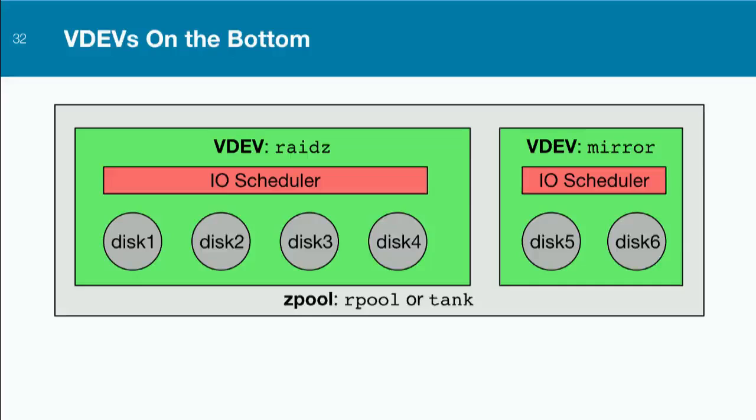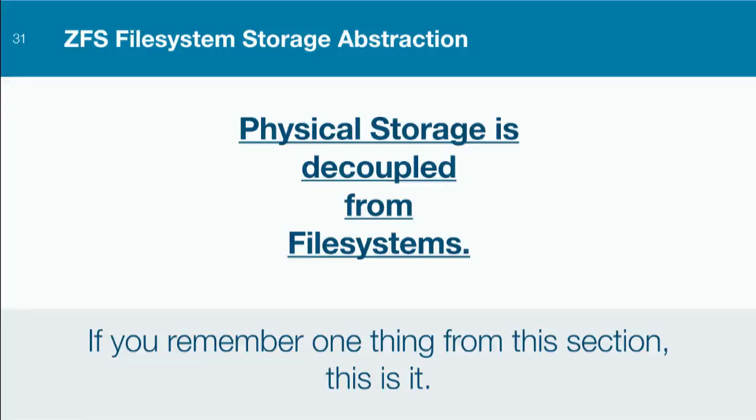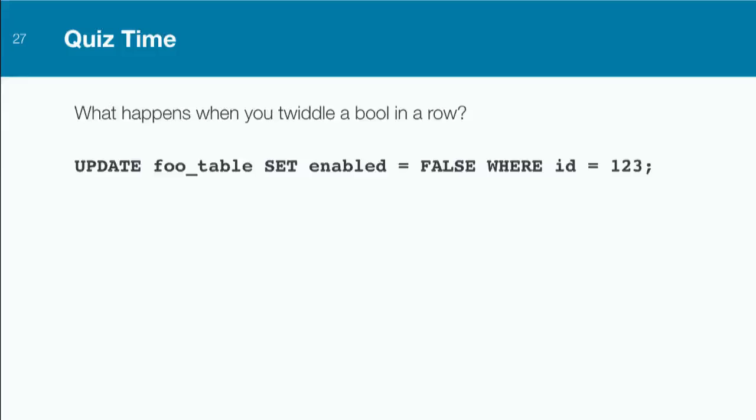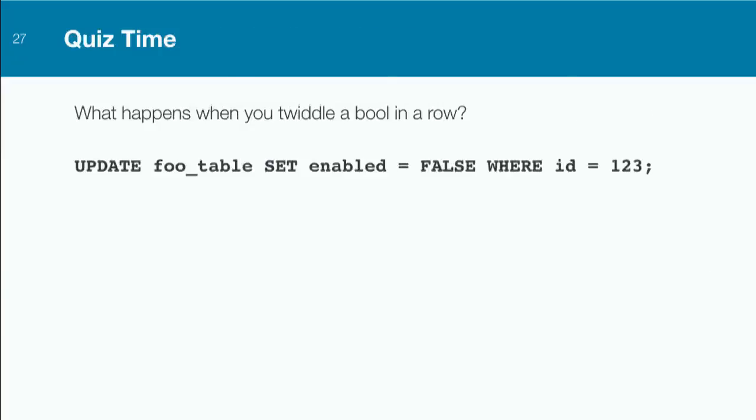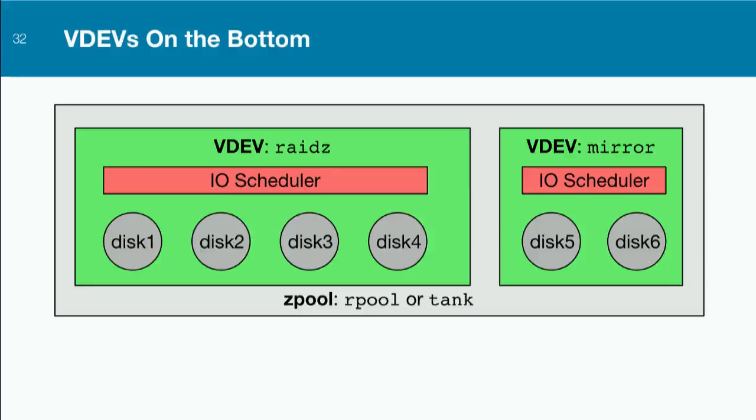So on the ZFS side of things now, you can see a VDEV, the physical side of things. One of the things that ZFS does is it has decoupled the logical representation, which is to say a file, from the actual physical storage. The block management, where bits are actually stored, is hidden by this device abstraction layer.